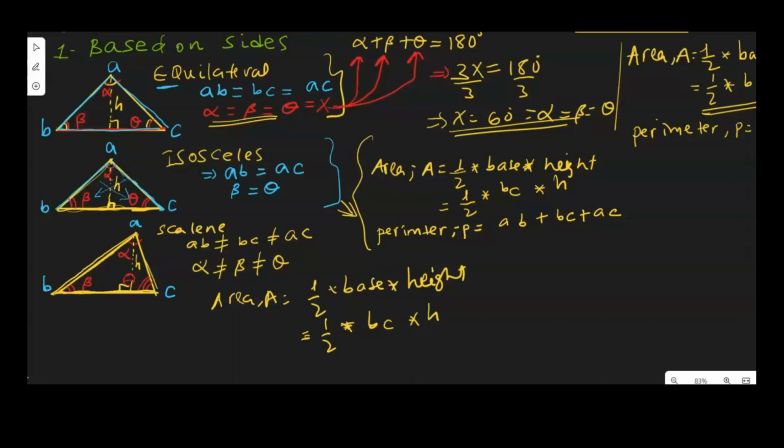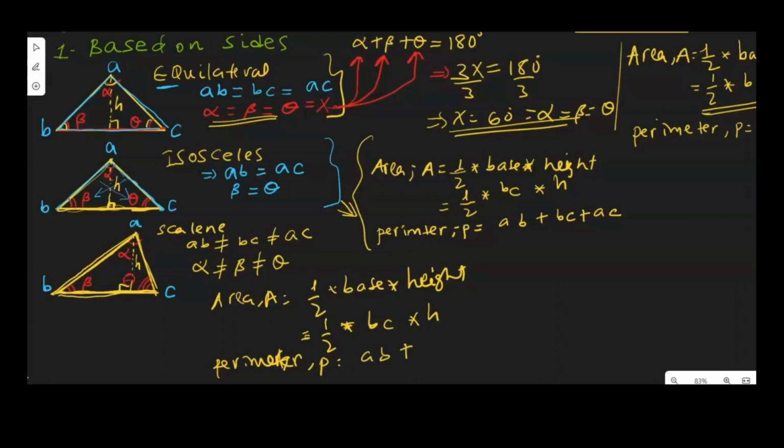Similarly, the perimeter P is the summation of all the sides of a triangle, which is AB plus AC plus BC.